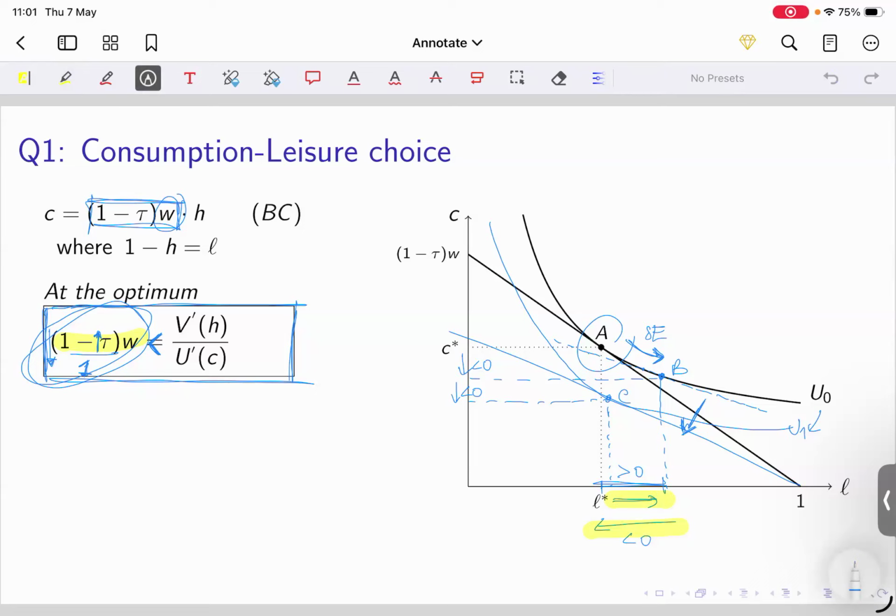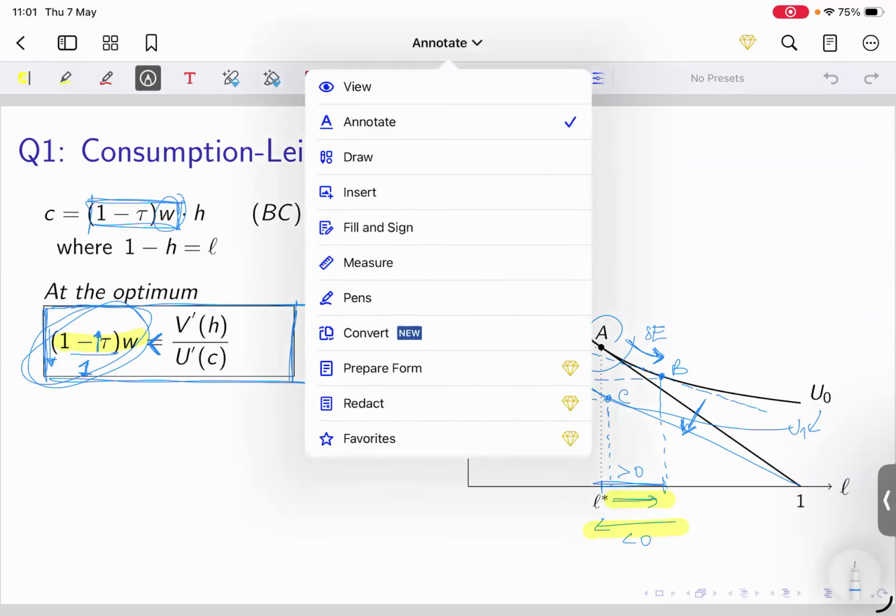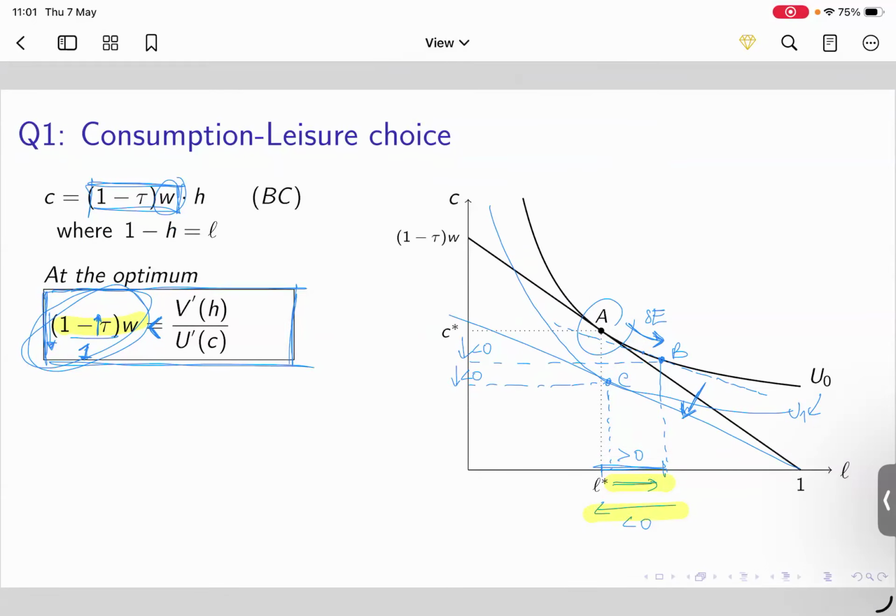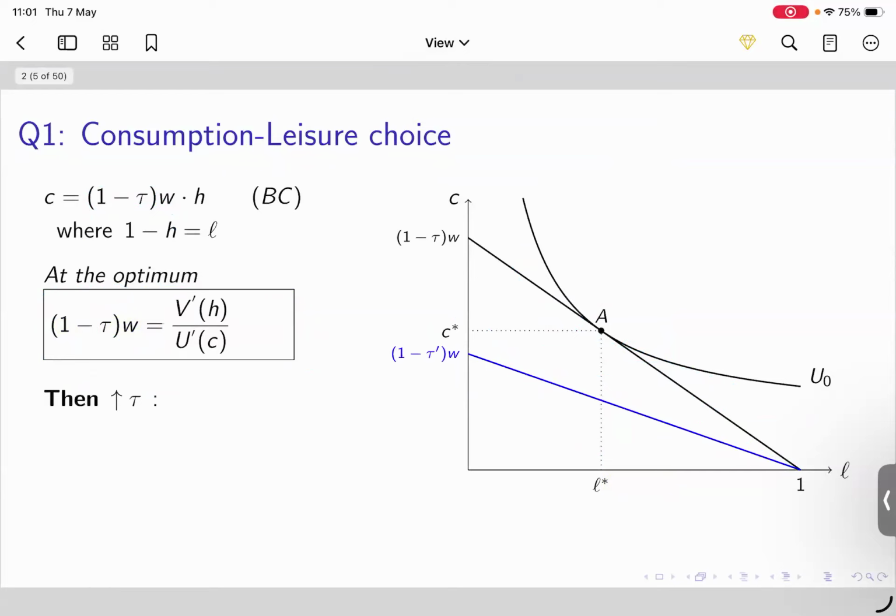Formally, let me try a bit better. As said, we have an increase in the tax rate. This flattens your budget constraint. You have a substitution effect: you find on the original indifference curve the point whose tangent line has slope exactly equal to your new budget line.